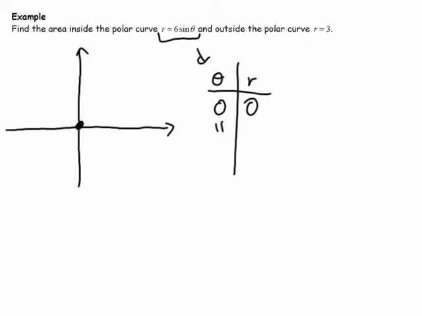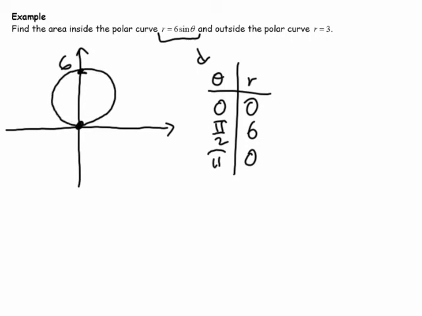At pi over 2, sine of pi over 2 is 1 times 6 would be 6. So that would be 6 units out here, 6. And for pi, we would actually be back to 0. And if you take values in between, you'll see that it's a circle like so.